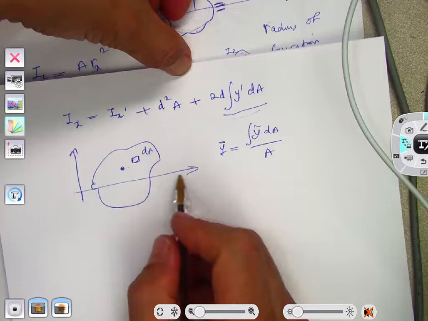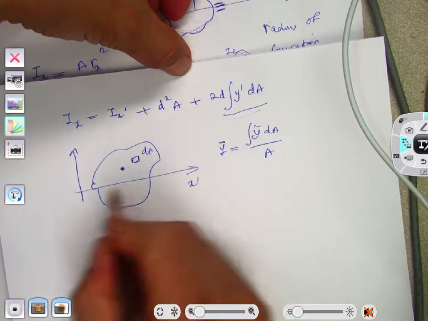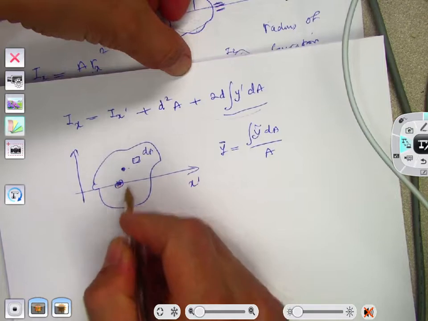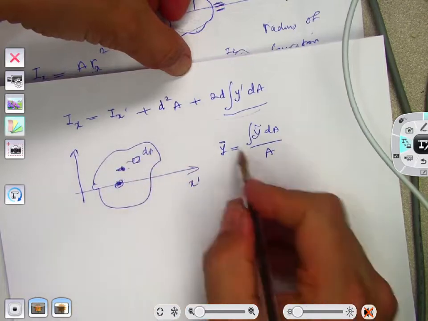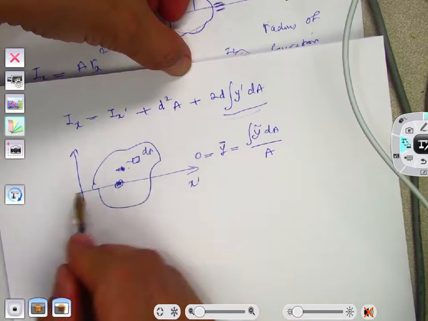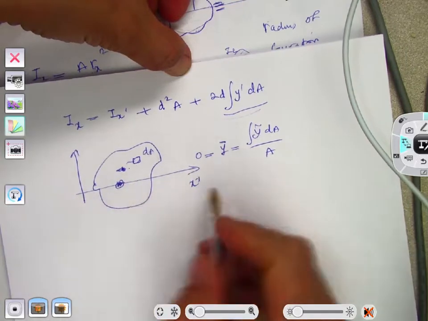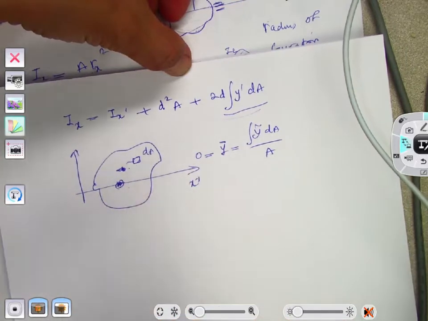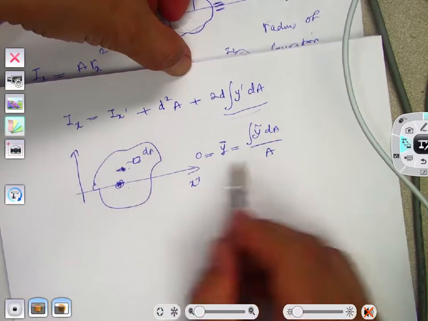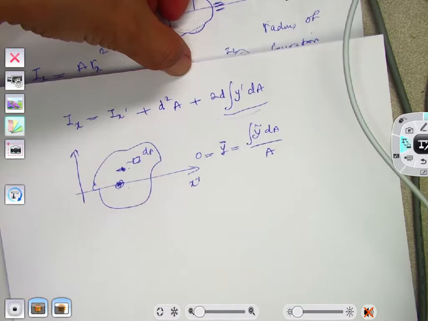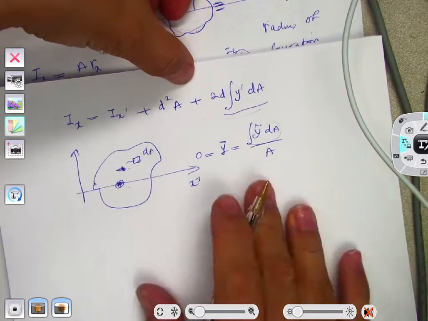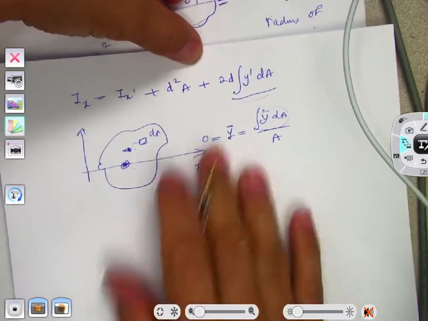So if this x prime axis is passing the centroid, then y bar must be 0, right? The y coordinate of the centroid must be 0. So in other words, this integral that I have here must be 0. So this is significant, what we found.